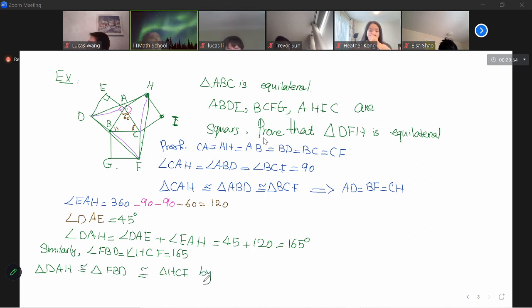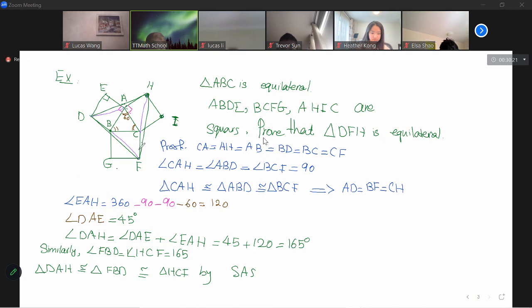Why? They have the same sides, CH, which are the diameters, right? And these are by side, angle, side. They have the same side, the diameter, and then this CF, one of the sides is the diameter of the squares.